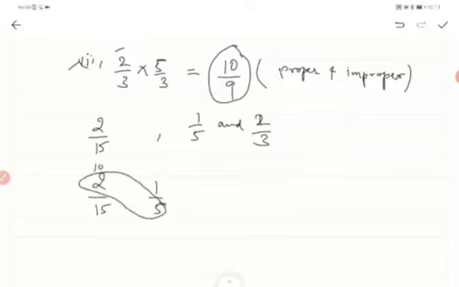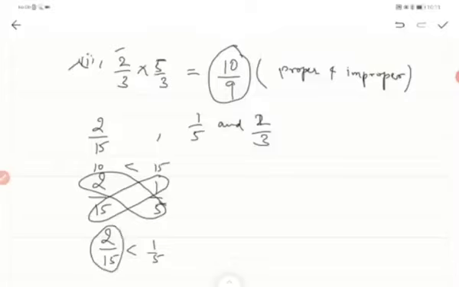This is 5 times 2 is 10, and this is 15. So 10 is less than 15, that means 2 by 15 is less than 1 by 5. So the product we've got is less than this individual proper fraction.